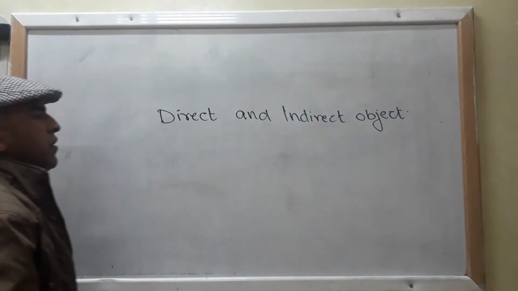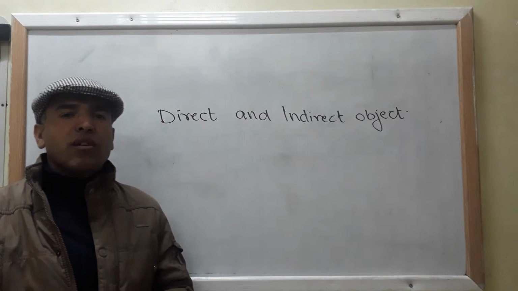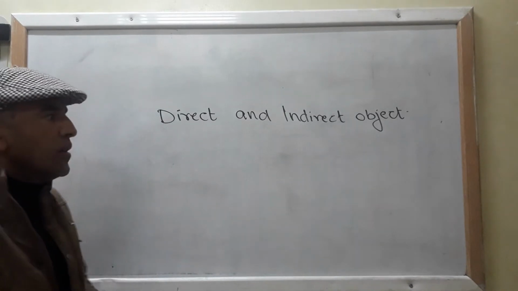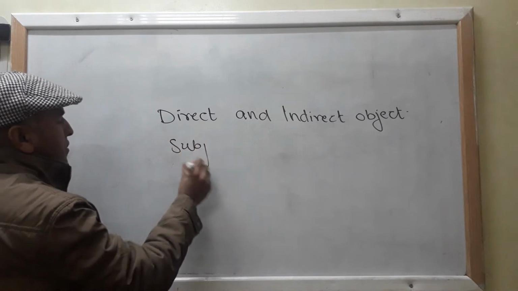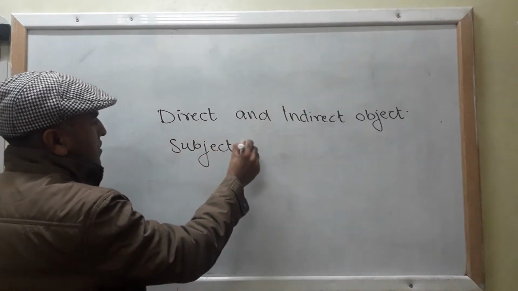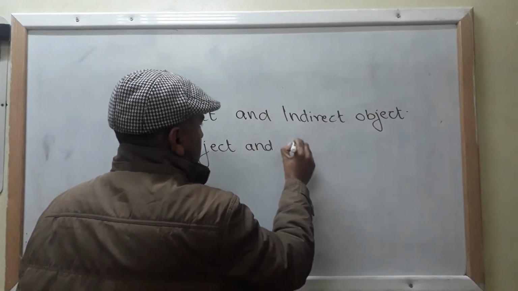So first of all, in order to understand what a direct and indirect object is, you must know what a subject and verb in a sentence are.